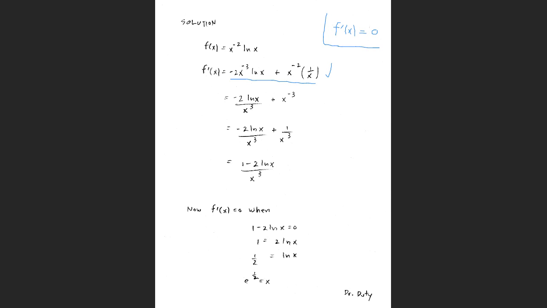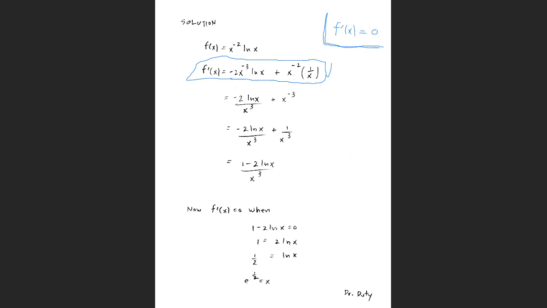The way I'm doing this problem is the way I would expect you to do it on your exam next week. So we want to find the values of x for which f prime of x equals 0. When the first derivative is in this form, it's difficult to find the x values where it equals 0.